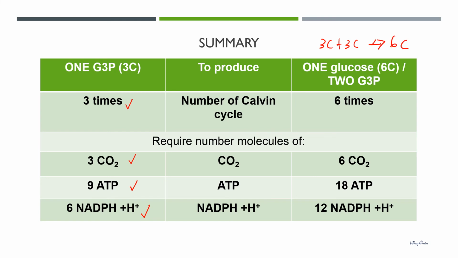But the details on how the 2 inorganic phosphate groups are removed from this combination is not in our syllabus. Okay. So if we study how many molecules of CO2, ATP, and NADPH are required to produce 1 glucose, we just need to double the data from the production of 1 G3P.